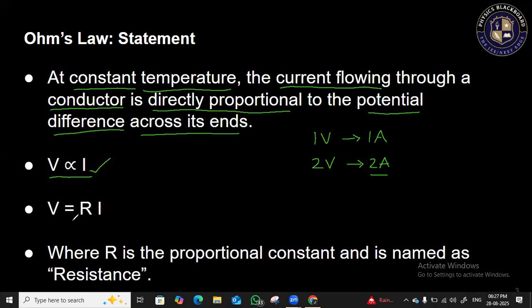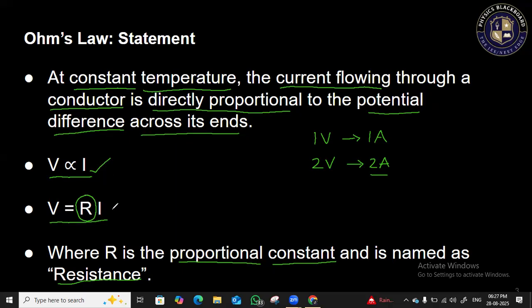Further, we can write this expression as V equals R into I. What is this R? R is a proportionality constant and it is named resistance. We will learn about resistance later.